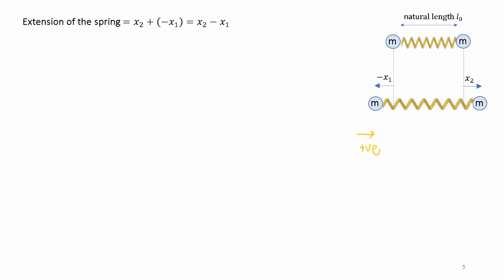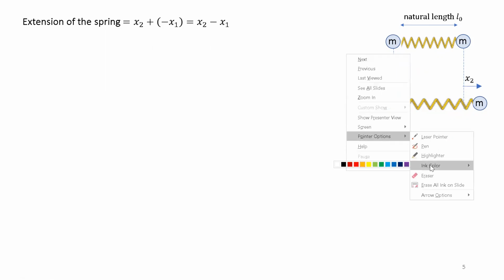You can see that I have this line indicating the equilibrium position. If this mass is moved to the right by some distance x2, then I will say that the displacement of this mass is positive x2. On the other hand, let me draw an additional picture here.